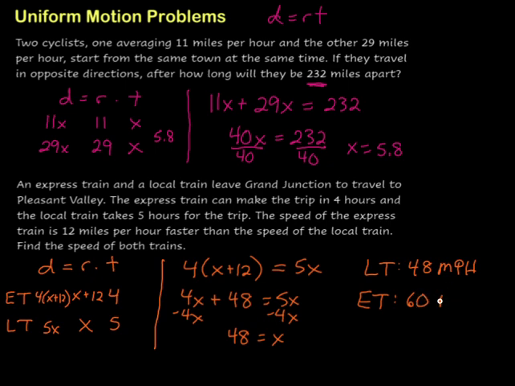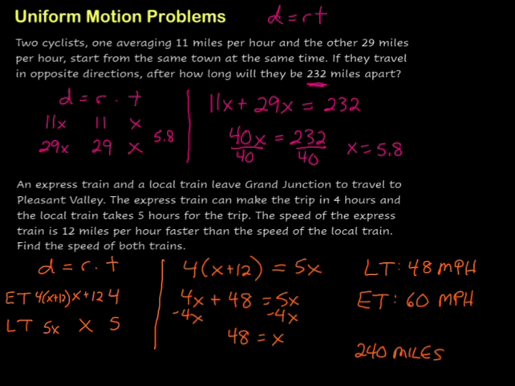And again, we could check this. We could take 60 miles per hour times 4 hours, that's 240 miles. And 48 miles per hour times 5 hours is also 240 miles.